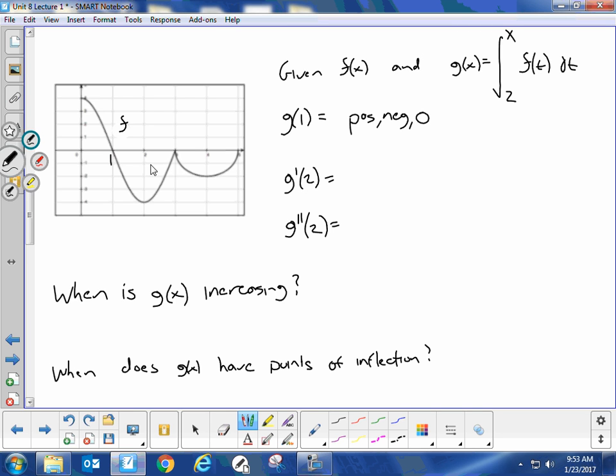This is 1, 2, 3, 4, 5, negative 1, negative 2, negative 3, negative 4. Okay, start discussing your answers after you get them, and then I will call on you randomly.